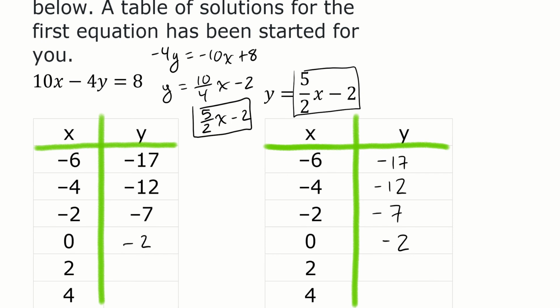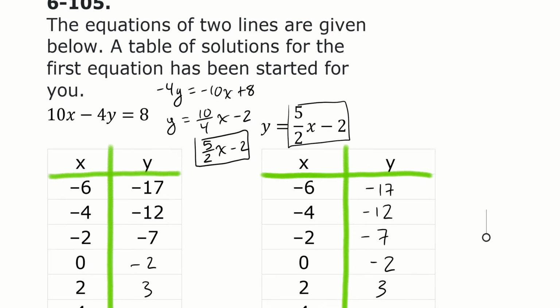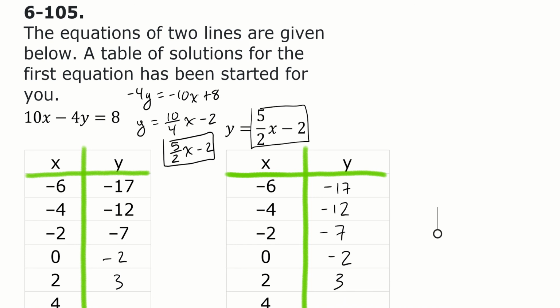If I add 5 again, I think this is going to be 3. So what I observe here is that this is a different beast. This time around, these two equations are identical, and any xy pair that works in one will be an xy pair that works in the other. So we would say that these two lines coincide.